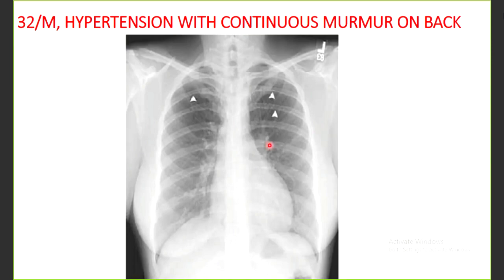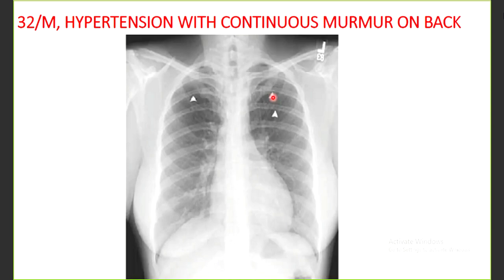And when it happens, you always look for a few signs, which include rib notching or erosion of the lower border of the ribs posteriorly, especially from ribs 3 to 8. These are mainly because of aneurysmal dilatation of the collaterals that help blood to flow from the pre-coarctation segments to the post-coarctation segments.